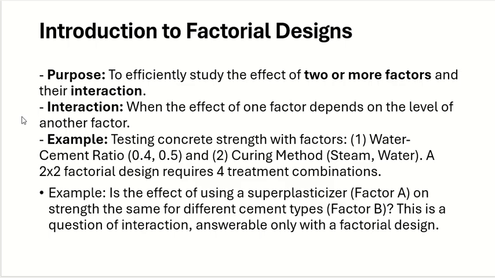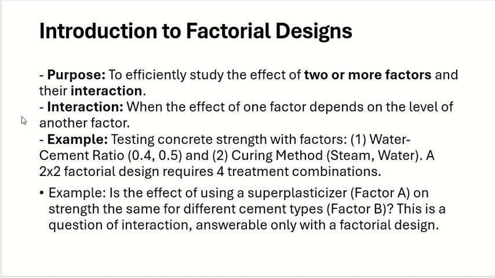So in total I can have 4 treatment combinations, one of this type, one of the other type. Since I am considering the interactive effect as well, 2 into 2, 4.